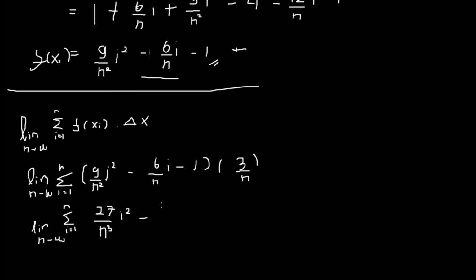And 3 times 6 is 18 per n to the power of 2 times i, minus 1 times 3 per n.